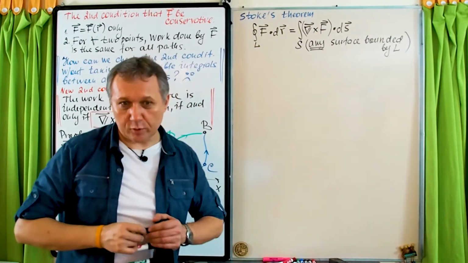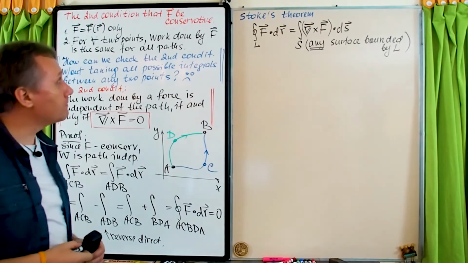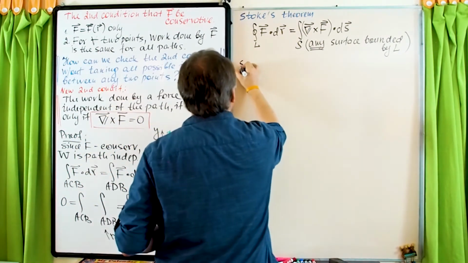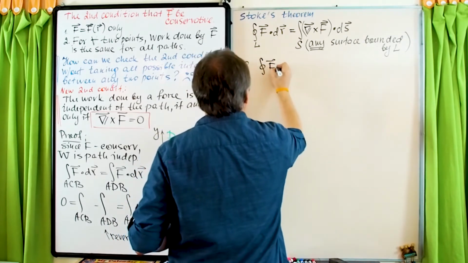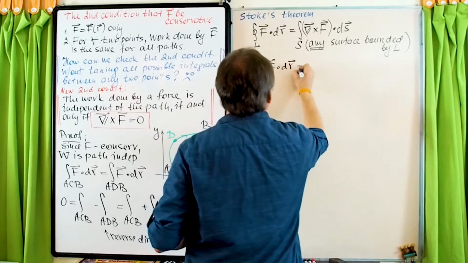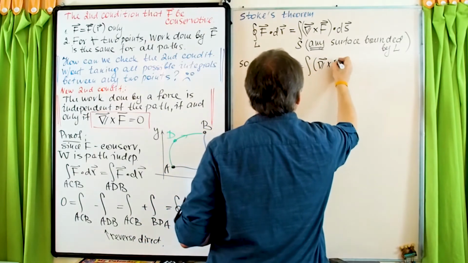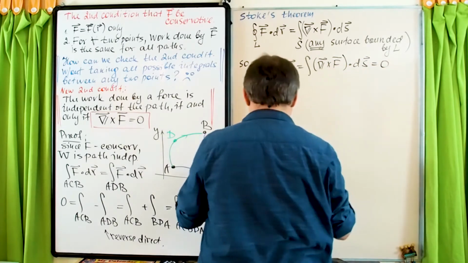Of course, you proved this in calculus. So we can rewrite our statement in the new form: the integral of F dot dr equals the integral of curl of F dot dS, equals 0.